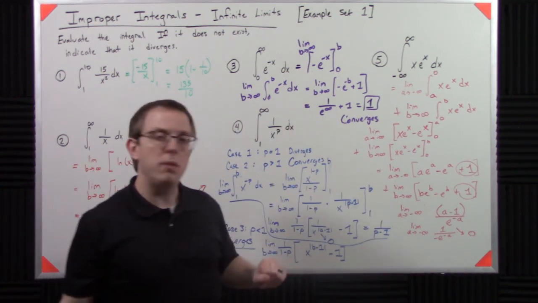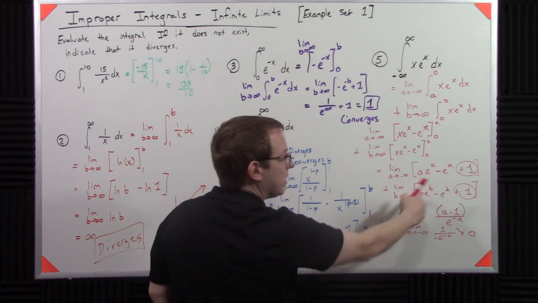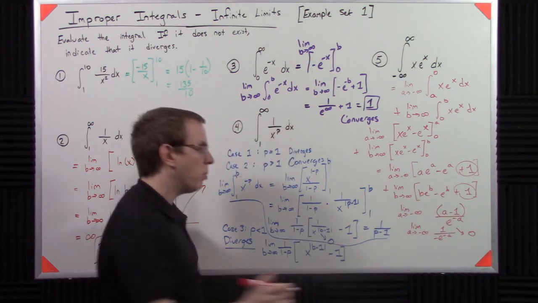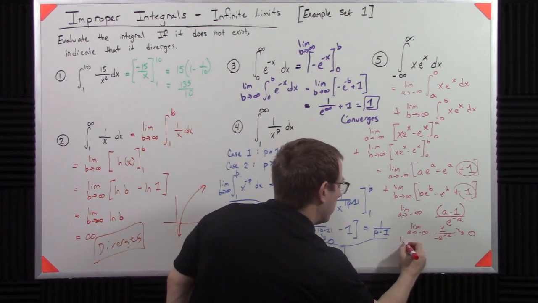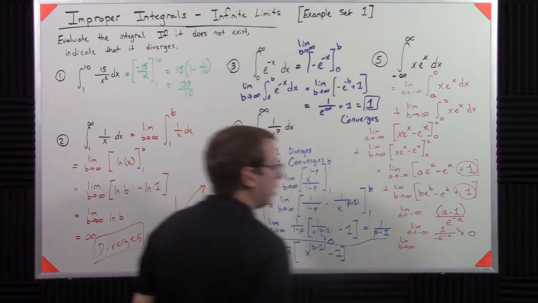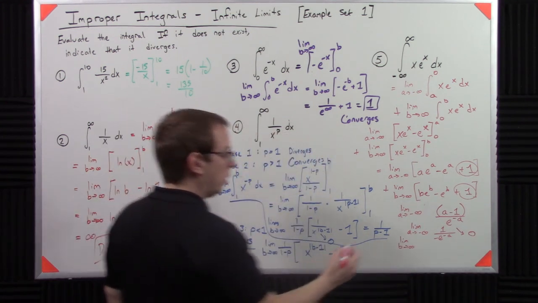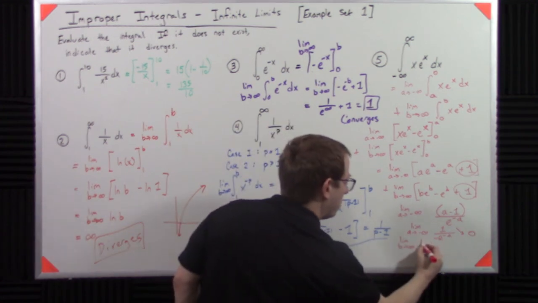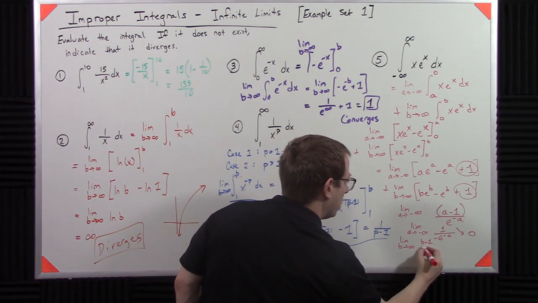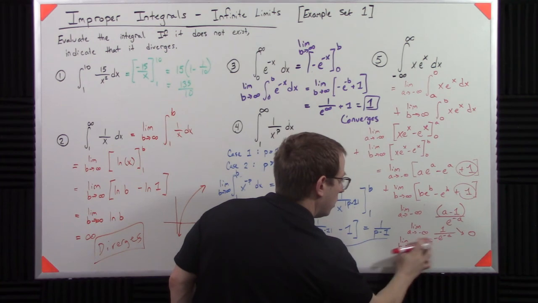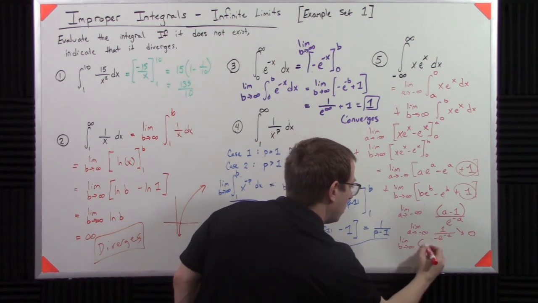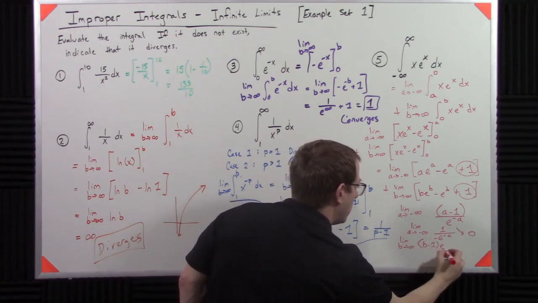But I have to do the same thing for b, and it's the same exact process. I say the limit as b goes to infinity of b minus 1 over e to the b.